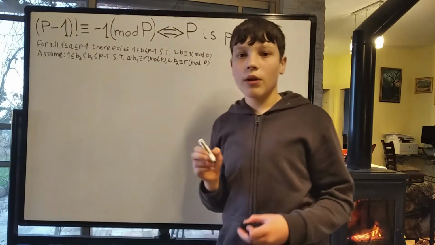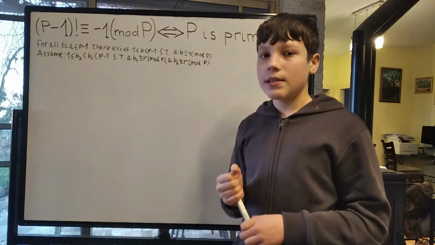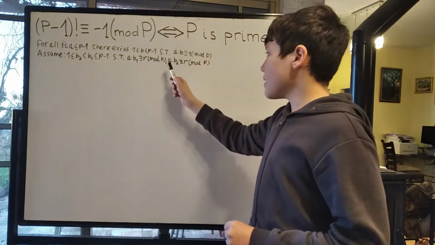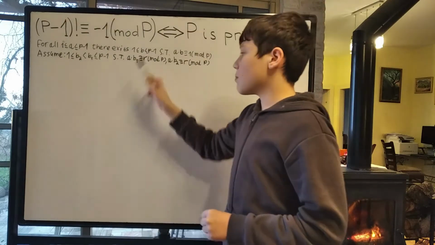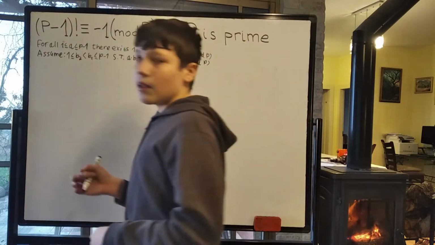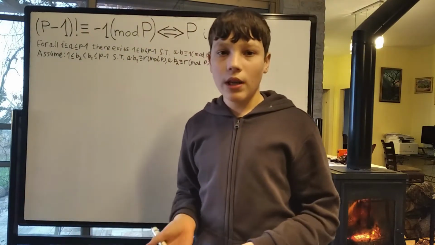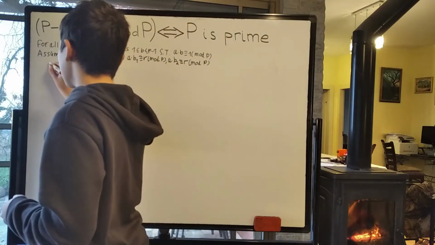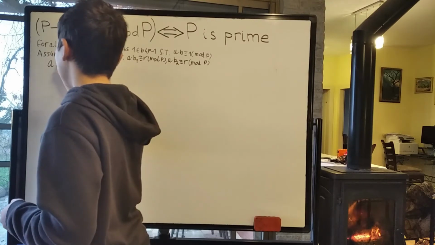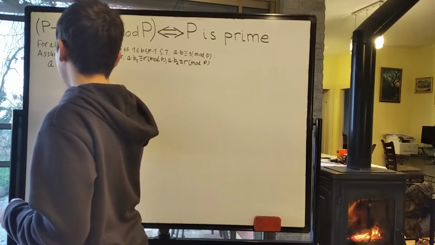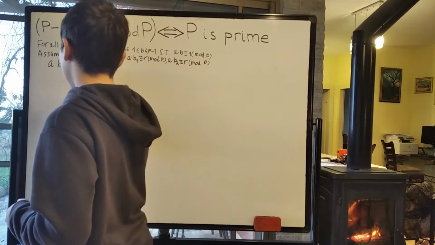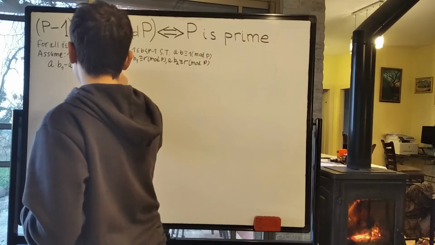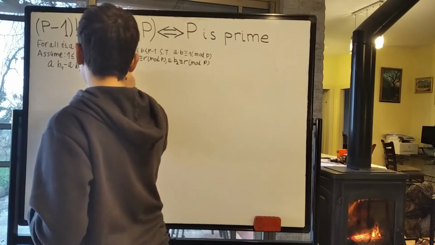So the first thing we're going to do is to subtract a times b2 from a times b1. Because they're both congruent to r mod p, when we subtract them, they will be congruent to 0 mod p. So we have a times b1 minus a times b2 is congruent to 0 mod p.